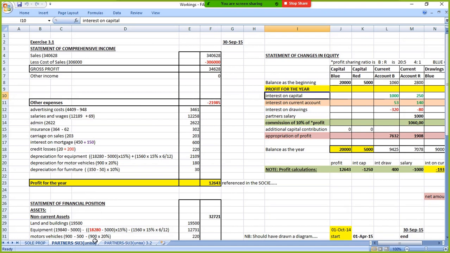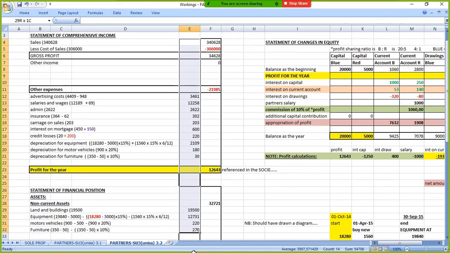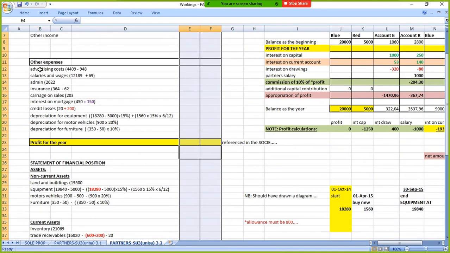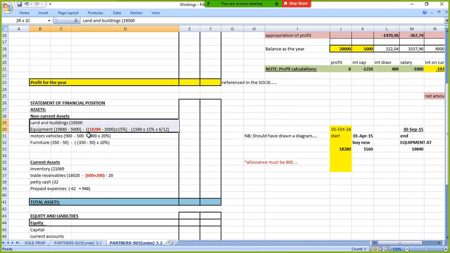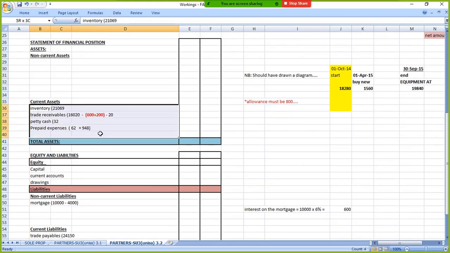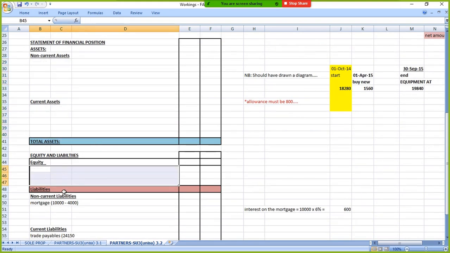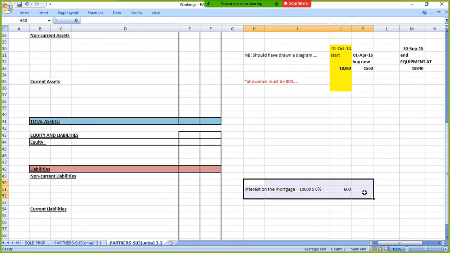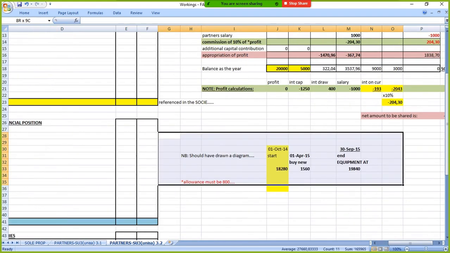Okay, so let's label these. This was 3.1. Okay, this is 3.2. All right, so 3.2. Let's delete all the... Okay, so I'm just using the templates. Okay, so there's the template for 3.2.